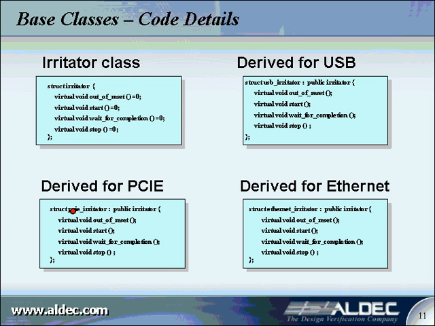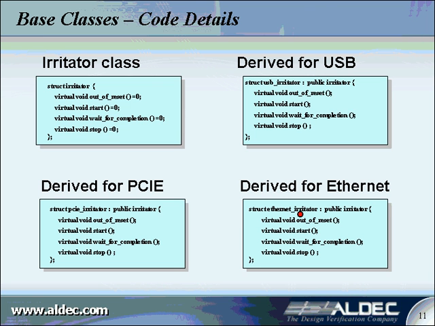Just as similarly, I could have done this with PCIe. And we have one of these in the place I'm working right now, where we have a background PCIe reader and writer, where we set it up with some address ranges, and it's doing its thing in the background while I'm trying to do my work. And again, it follows the same interface. So in my test, I just have a pointer to an irritator. I don't really care that it's PCIe, because I know how to call it, I know how to work with it.